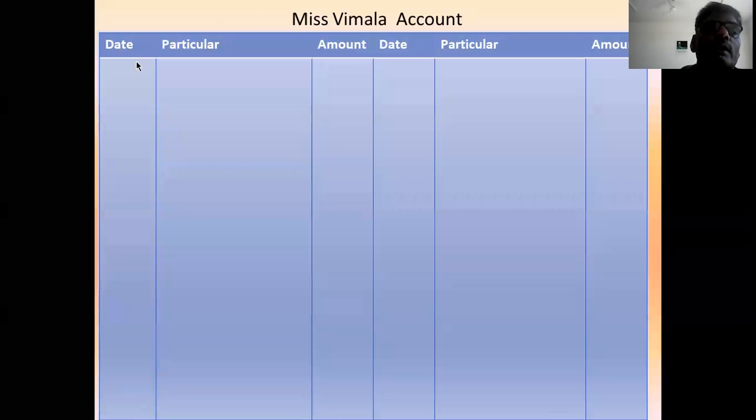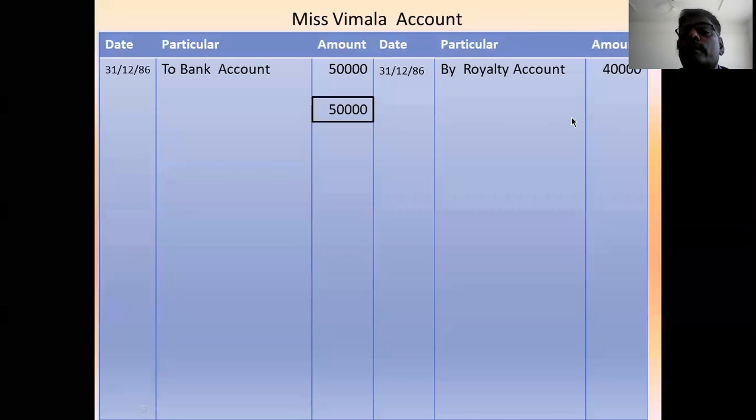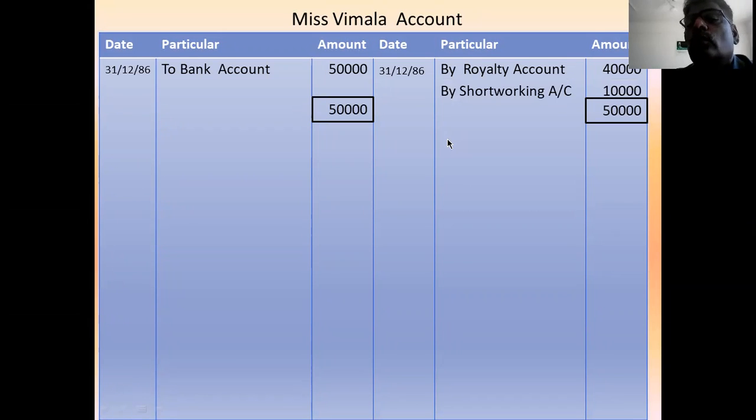Clear? See here. To bank, payment 50,000. By royalty 40,000. Total 50,000, difference 10,000. By short working. Okay.